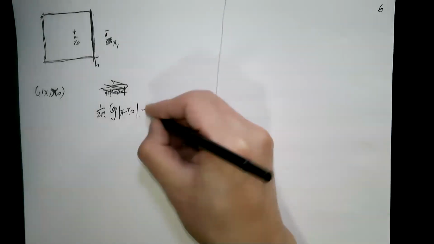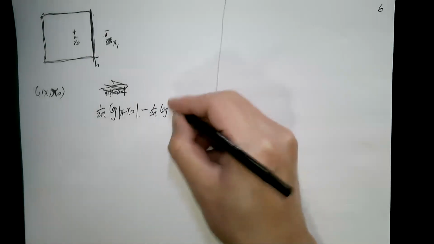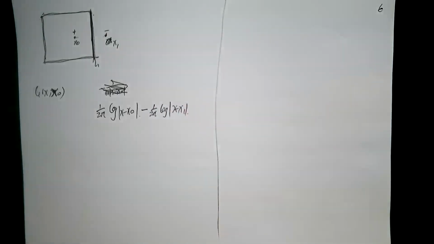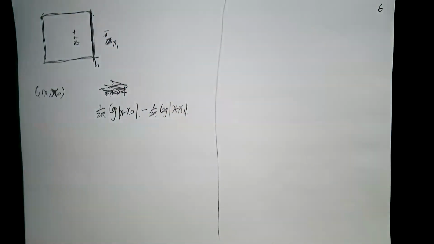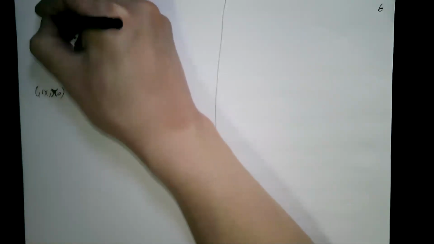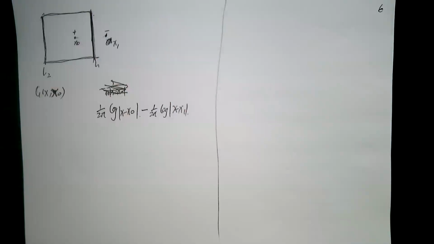So you add minus 1 over 2 pi log |x minus x1|. That's good, that makes this line L1 potential 0. But again, we want to make L2 potential 0.